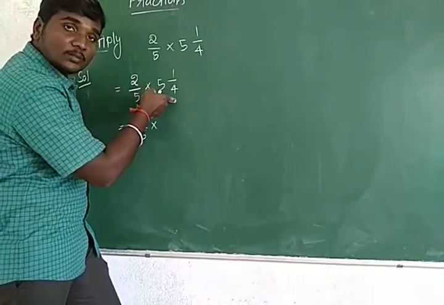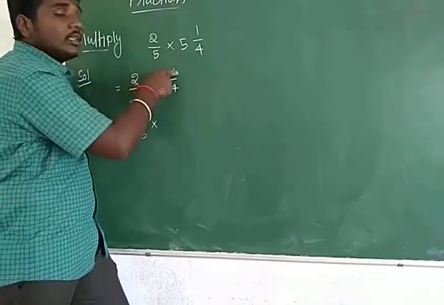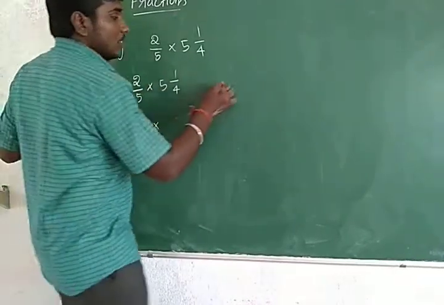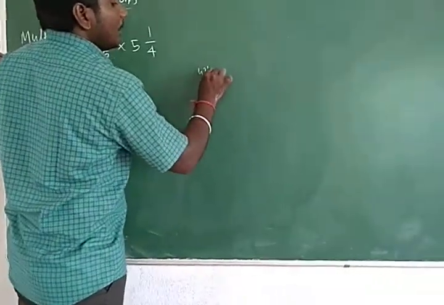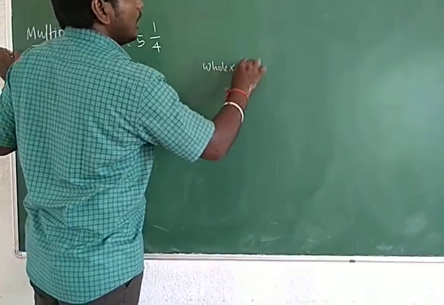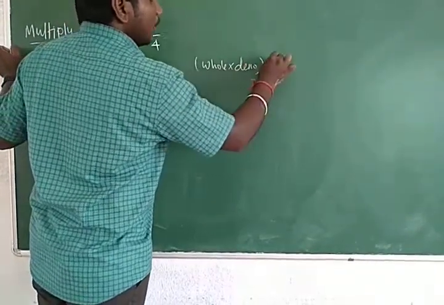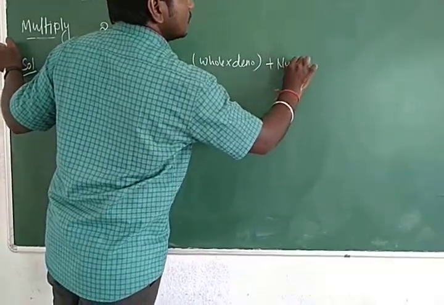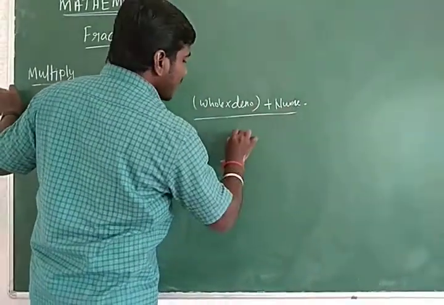Then add with the numerator. This is a mixed fraction: whole number into denominator plus numerator, divided by same denominator.